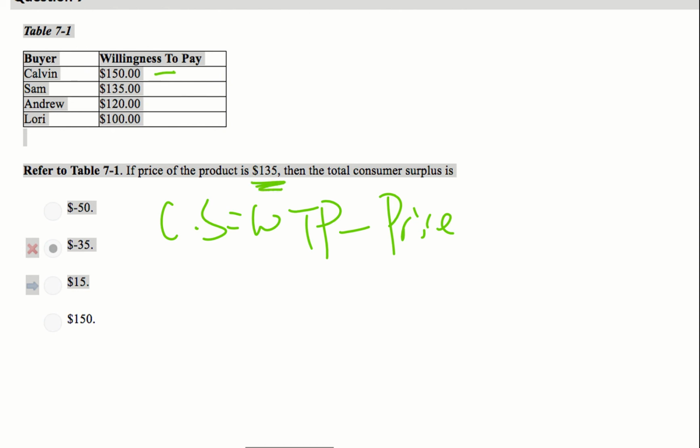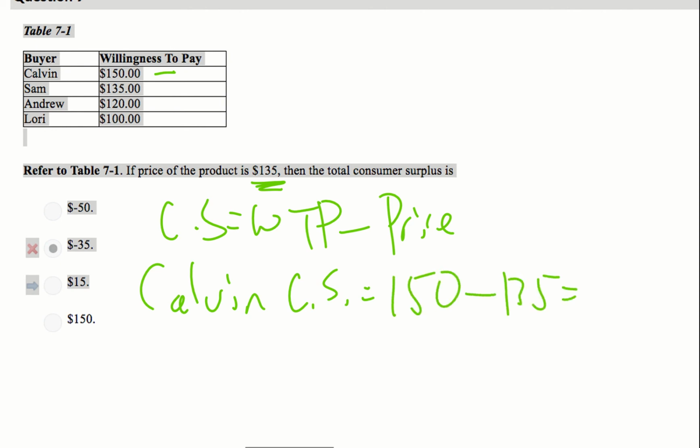So Kelvin's consumer surplus, it's supposed to be an S. Terrible handwriting. So this would be 150, his WTP, minus the price of 135. Then Kelvin's going to have $15 consumer surplus.